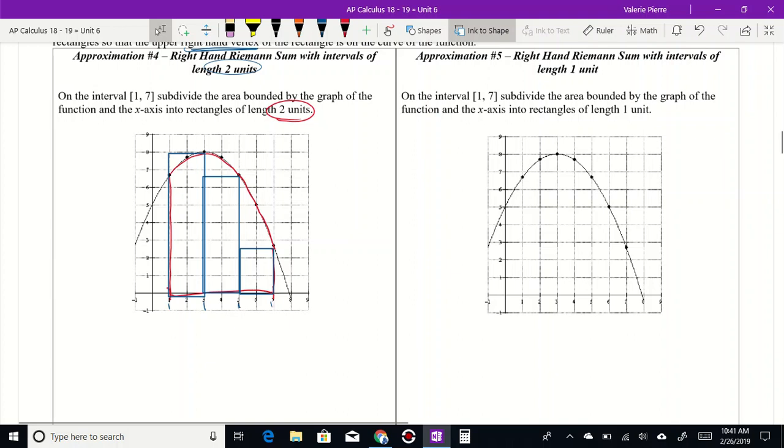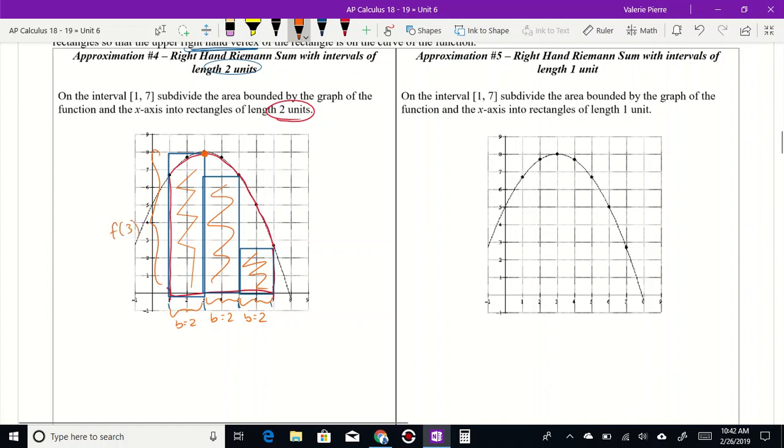So once again, we're looking at the area of these rectangles. The base of my rectangles are all 2, because my length of my units is equal to 2. All right, and now the height of my first rectangle is equal to the point that's on the curve, the vertex that's on the curve, which is equal to f of 3.